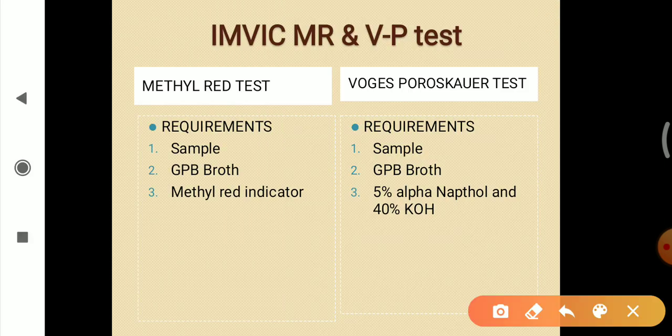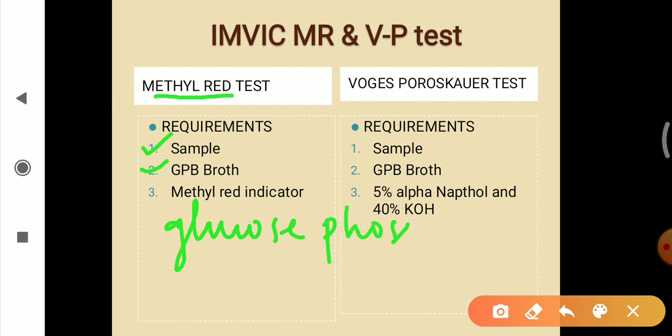To perform the methyl red test, we require a sample or the culture. Second, we require sterile GPB broth, that is glucose phosphate broth, and the third thing we require is the methyl red indicator.